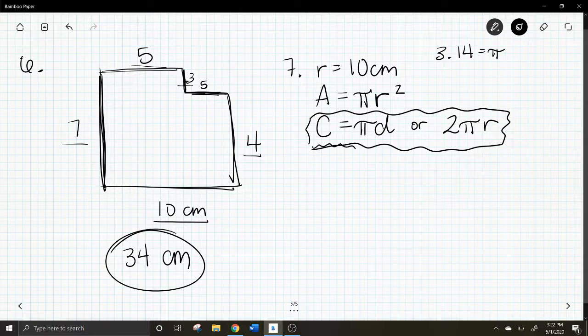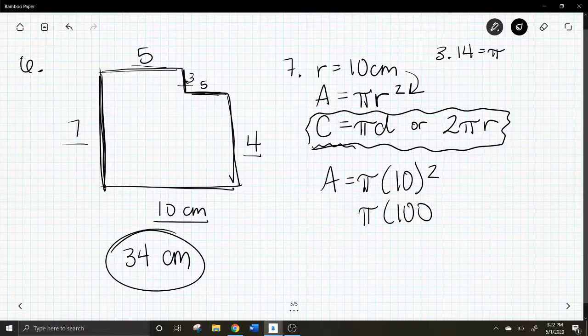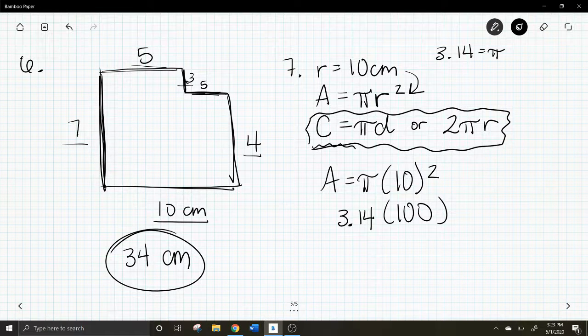So let's take what they give us and plug it into the area formula. So the area is going to equal pi times 10 squared. So what is 10 squared? It is 100. And actually, let me write 3.14 in here now instead. So what is 3.14 times 100? Remember, the great thing about multiplying by 100, 1000, 10 is that you can just move your decimal over for the number of zeros.